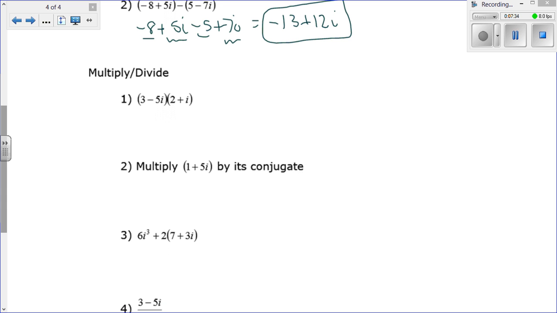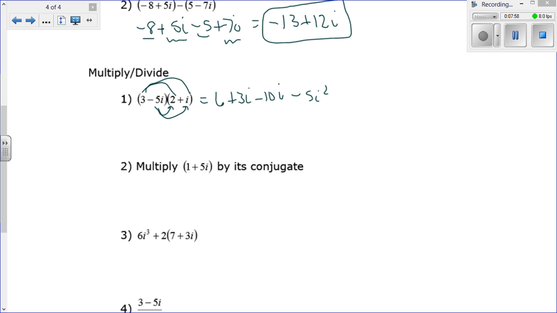Multiply and divide. Well, multiply. Here I have a double distribution, or a FOIL. 2 times 3 is 6. 3 times i is plus 3i. Negative 5i times 2 is negative 10i. And then negative 5i times i is negative 5i squared.